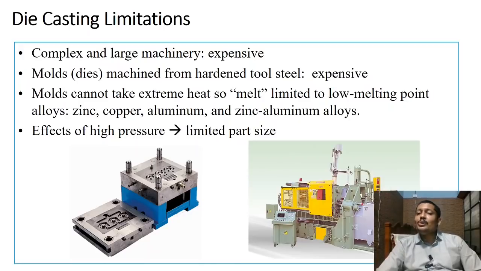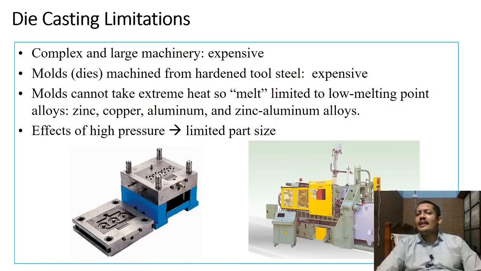So commercial tools cannot be employed for this machining purpose. So molds cannot take extreme heat. If extreme heat is taken, the mold will get melted. So the process is entirely limited to low melting point alloys and metals.